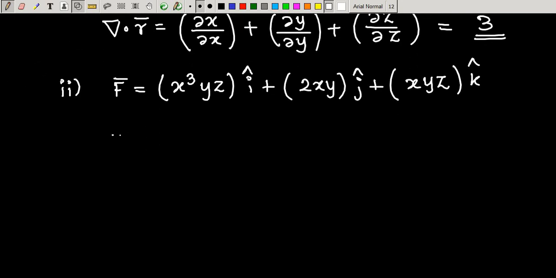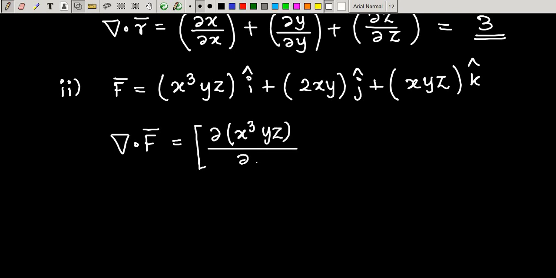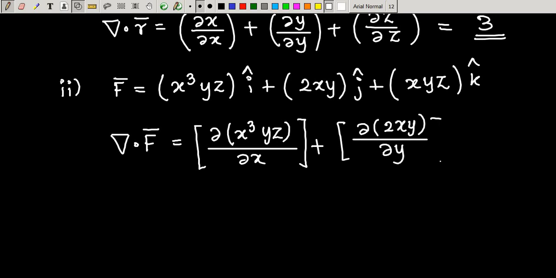Then, to evaluate the divergence of this vector function f bar, we find the partial derivative of x cube yz with respect to x, plus the partial derivative of 2 times xy with respect to y, and the partial derivative of xyz with respect to z.